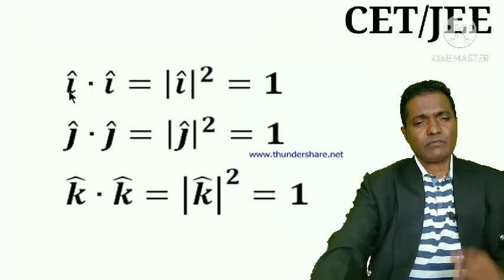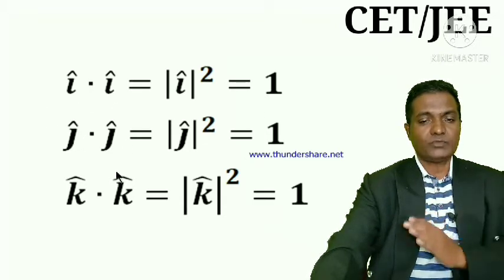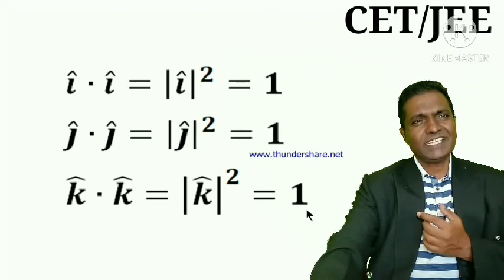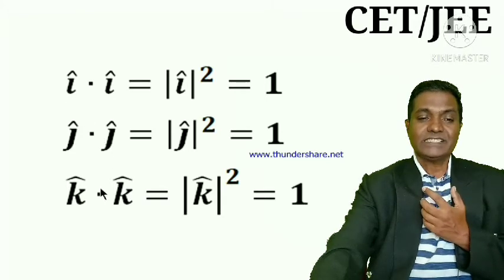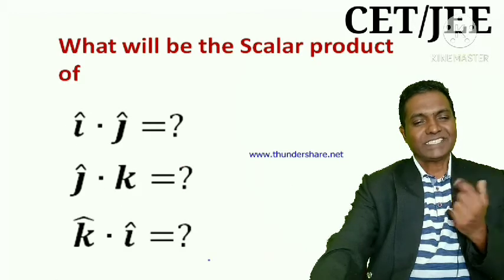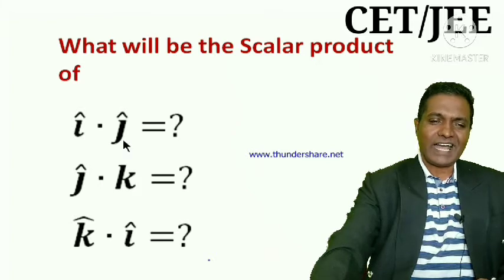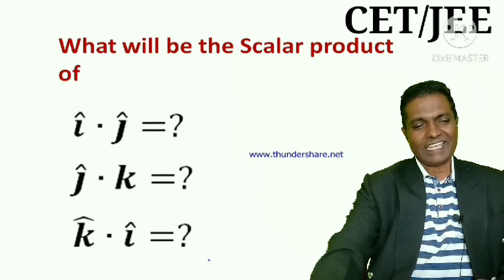Okay, so you have to remember i dot i is 1, j dot j is 1 and k dot k is 1. So the next thing is, what will be the dot product of i dot j, j dot k or k dot i? So let's see here.